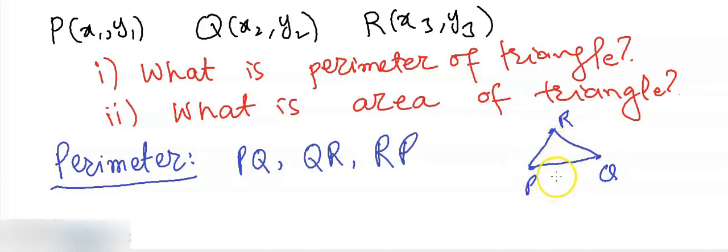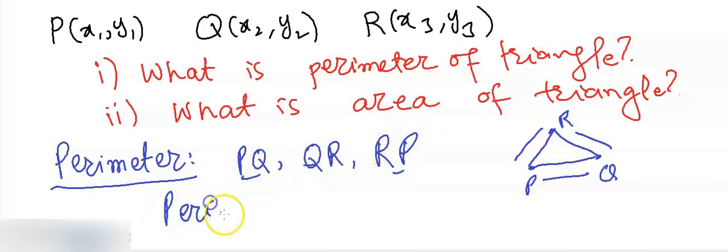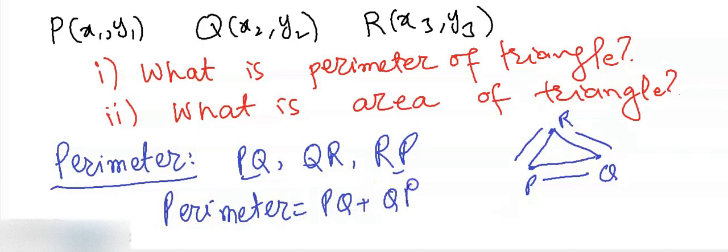Now if I calculate the PQ length using the distance between 2 points formula, and then QR and then RP in the same way, then I will have these lengths. The perimeter is nothing but the sum of all these sides: PQ plus QR plus RP. So this is going to be the perimeter of the triangle.